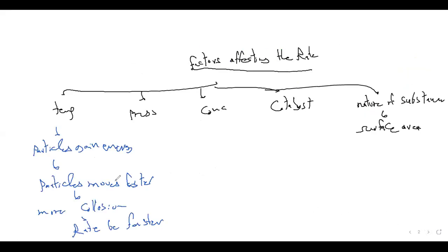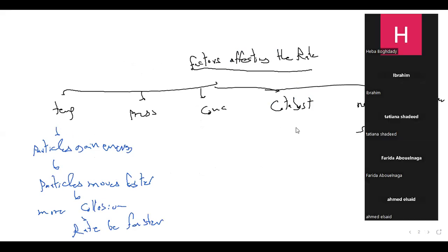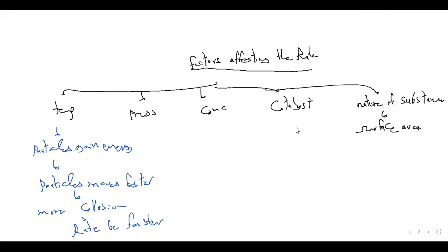Number two, factors affecting rate: temperature, pressure, concentration, catalyst, and the nature of reactants. This means that these are factors affecting the speed of the reaction, not the amount. For number one, temperature.